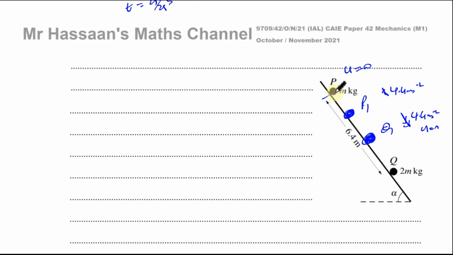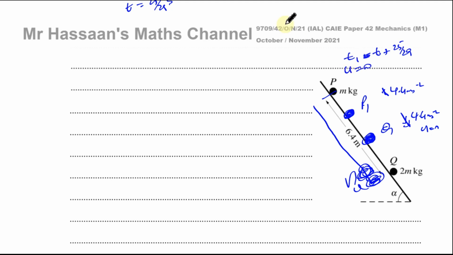Now, if I consider P starting from here, it also started from rest from the beginning. But this would be at time, let's say T1, the time we found. We're considering the time it takes for them to collide. Okay, P and Q collide. So this would be the time it takes Q to reach that level plus 25 over 29, the time it took P to reach here. That's the time that P has traveled to get to here.